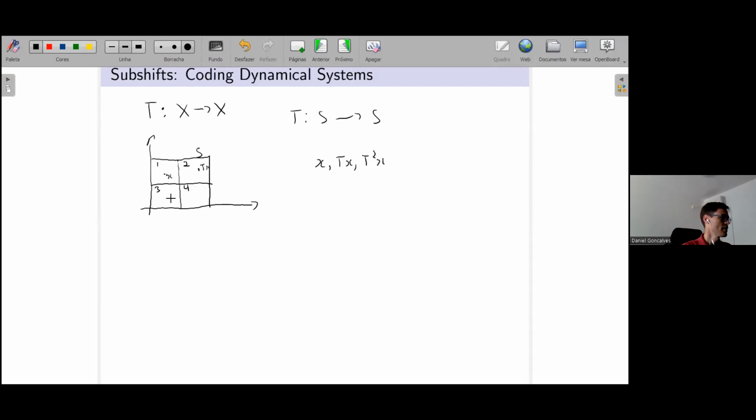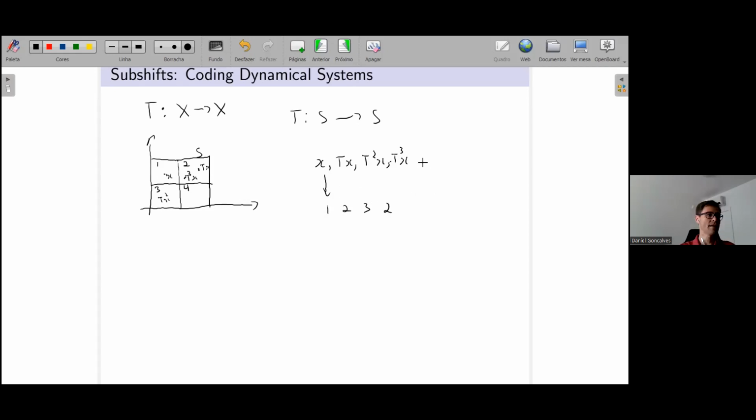Then T square of X might be here, and so on. T cube of X might be in 2 again. So I have this going to 1, T of X was in 2, then I had 3, and then I had 2 again, okay?